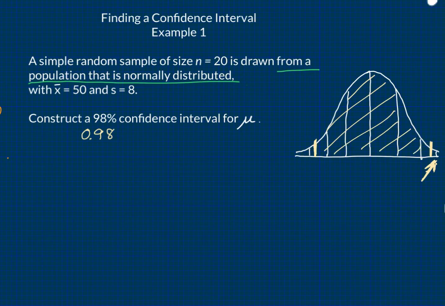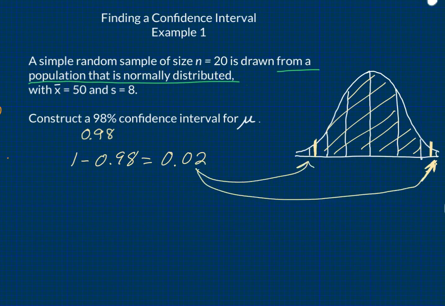So what we need to know is what is the area on either side of that 98%. And how do we get that? Well, if we subtract that 98% from 1, we get 0.02. But half of that is located here, and the other half is located here. But we don't know that value yet. That's why we need the t-table.